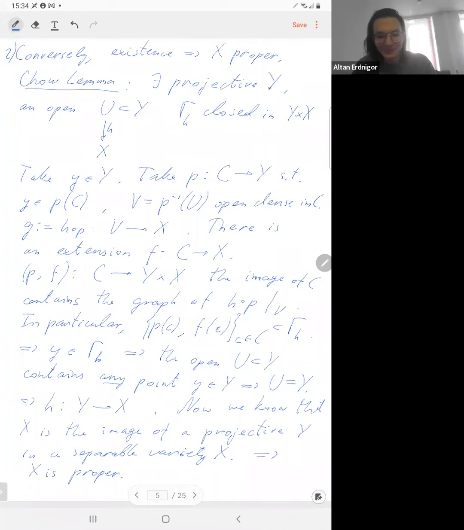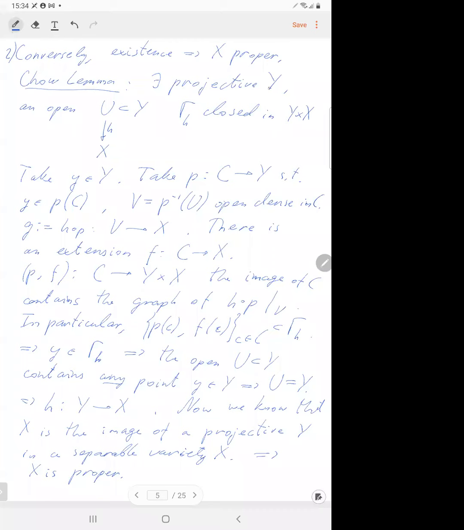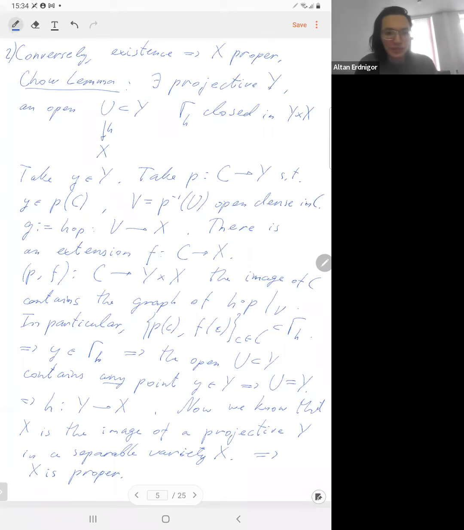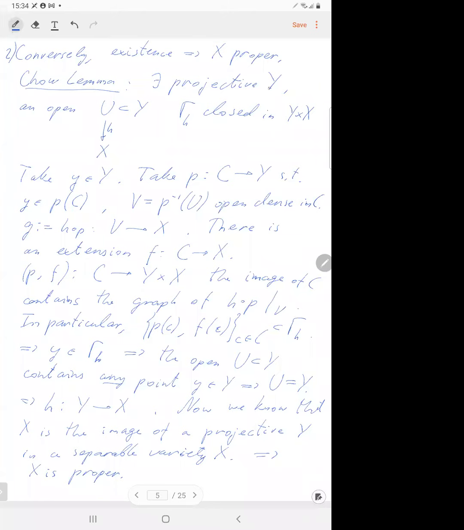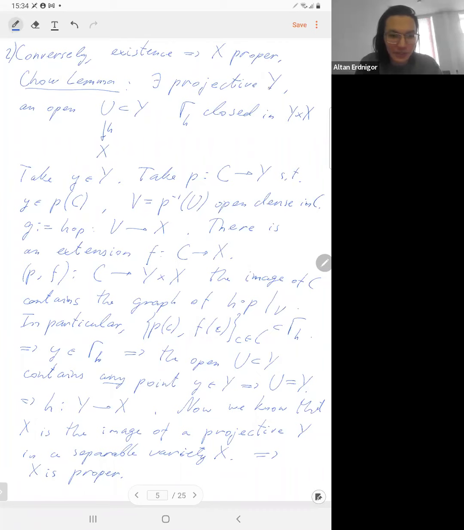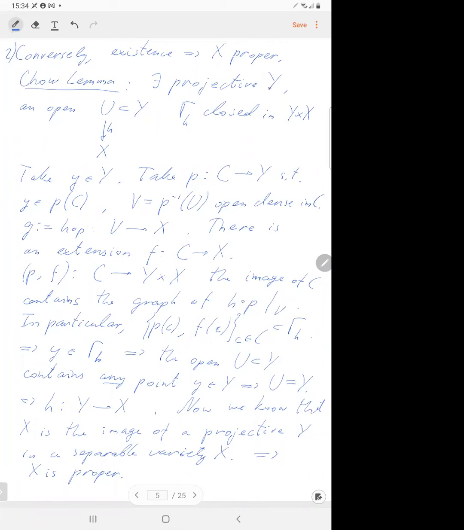So once again, we do not know that X is proper, so do not apply Chow lemma. But it was essentially a way to approximate every proper variety by a projective one. Okay. So there was a birational morphism from a projective variety to a proper one, and that's what you use in the construction. So for a proper variety, we would have that H is an embedding. Yes. But now H is not an embedding; it's just some morphism with closed graph. Okay, I got it. Thank you.